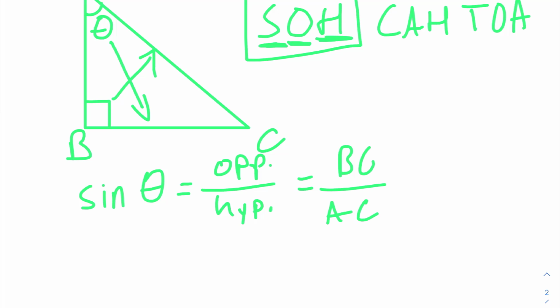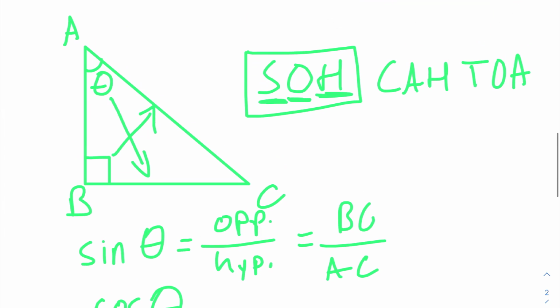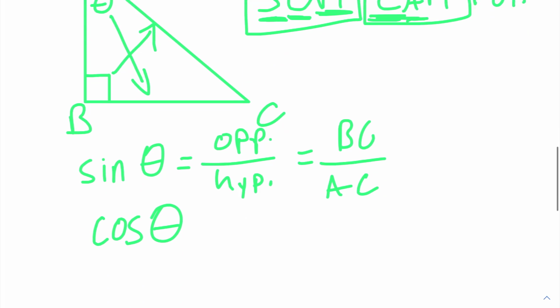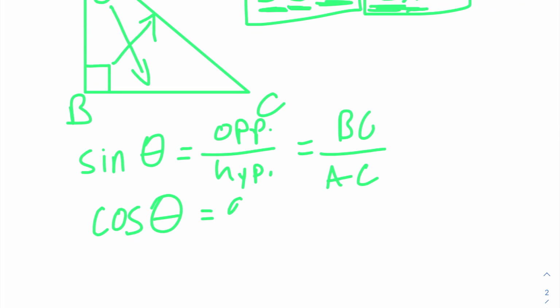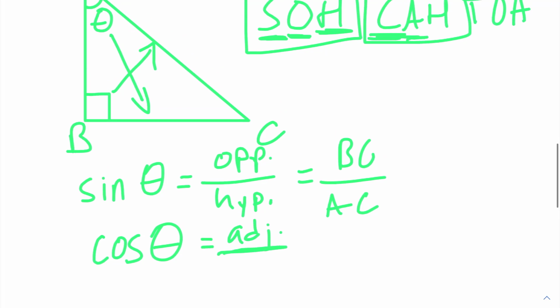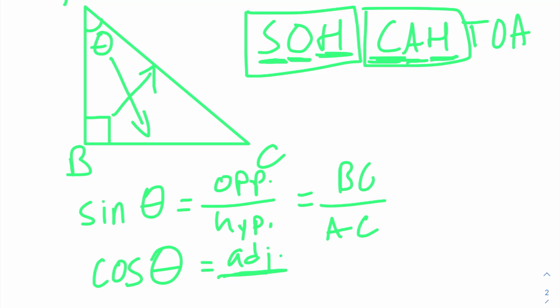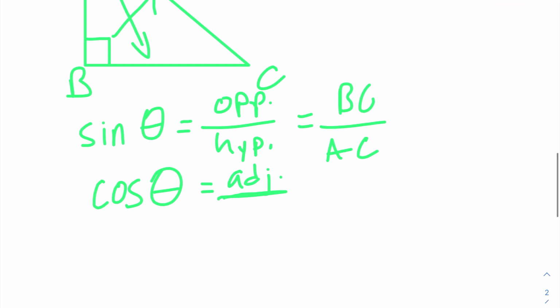Now let's look at cosine. Cosine theta, we know, if we look at CAH, the C stands for cosine. The A stands for adjacent, so cosine theta is equal to adjacent over the hypotenuse, because the last letter in CAH is H. So hypotenuse.